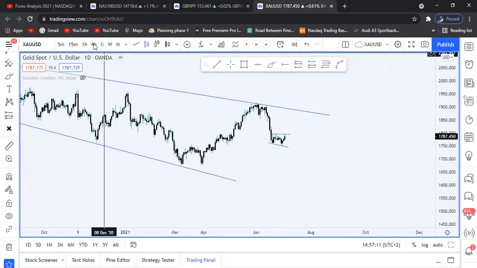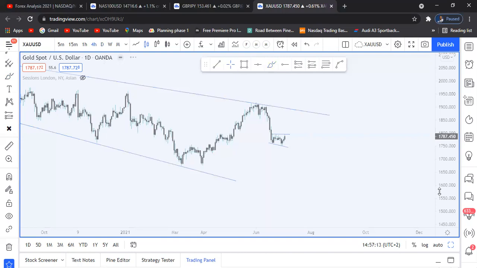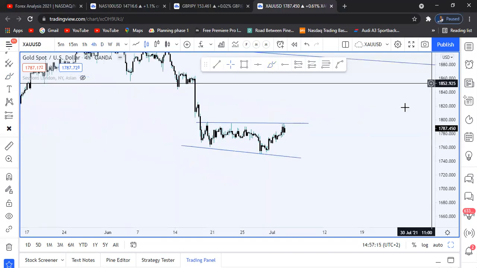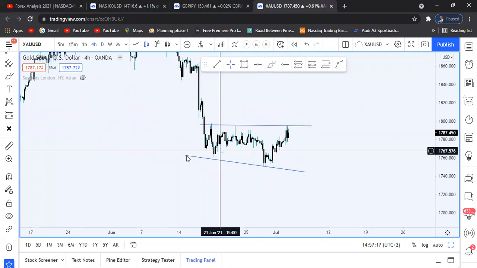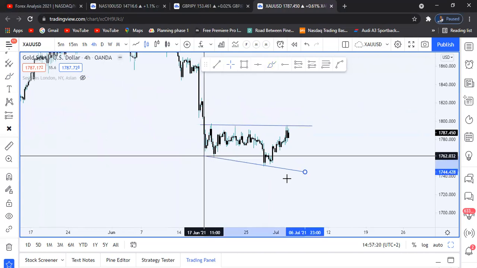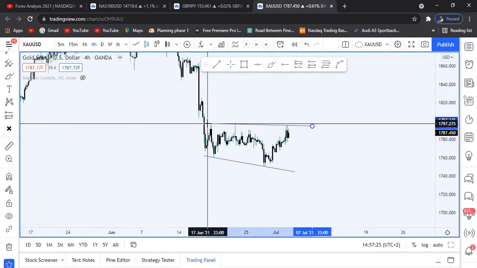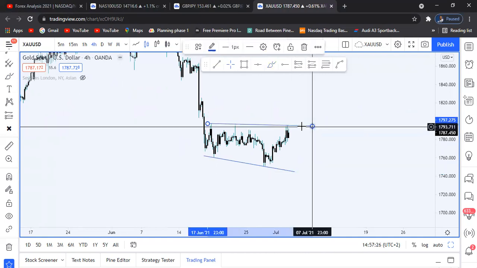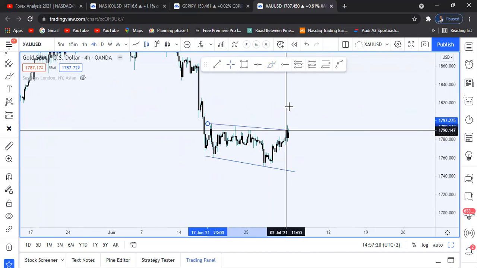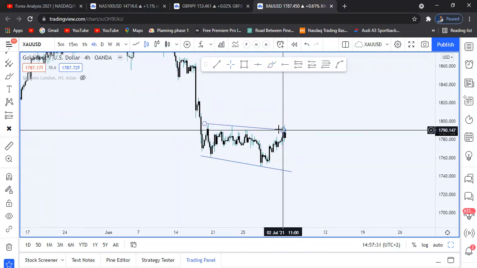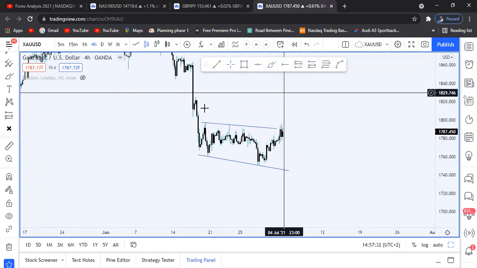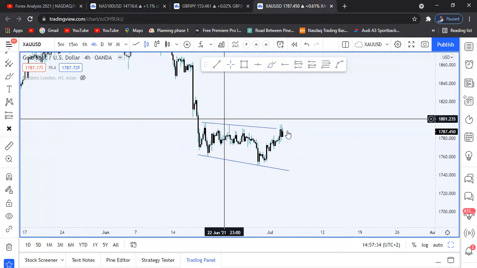Let us now dive a bit deeper to the H4 time frame. So guys, on the H4 time frame, let me just try and adjust my trend lines here, so that you can be as accurate as possible. You can see what's happening here: we have the first touch, the second touch, and then we are at the third touch.